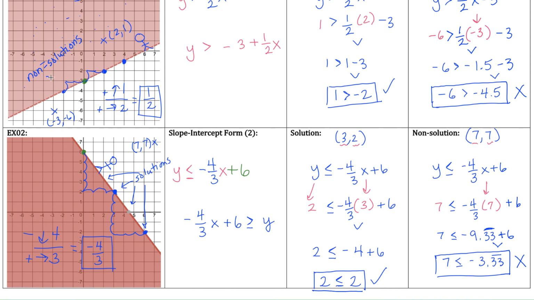I don't want you to forget that this dotted line means that these aren't actually solutions. They just help us graph, like the other ones. These individual points aren't really solutions, or points for that matter. These locations are non-solutions, if that makes sense. Cool. So that's it. Thank you.